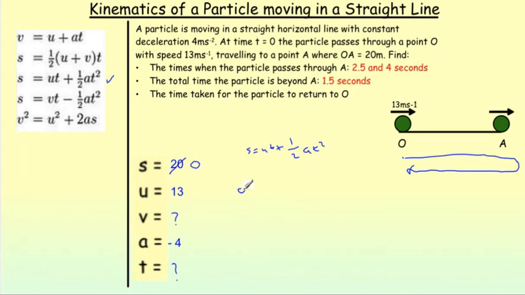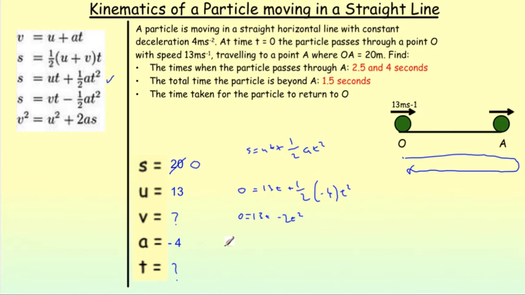So S is 0. The UT is 13T. Plus 1/2, A is -4, and T squared again. So when we tidy this up, we end up with 0 is equal to 13T plus 1/2 times -4, which is -2T squared.